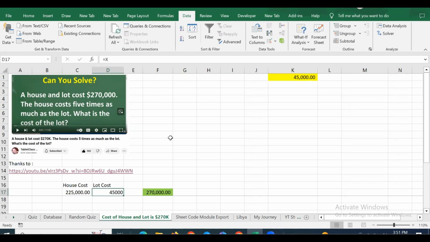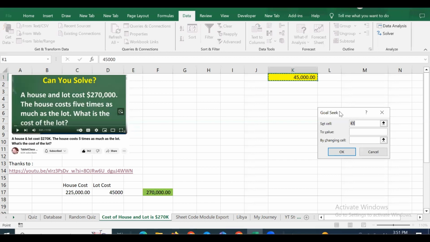So this is the answer of this question, and this way you have used the algebraic equation that 5x plus x is equal to $270,000. So this equation is being solved by means of goal seek, and in the goal seek it kept changing this. In the goal seek, you are being asked three things.